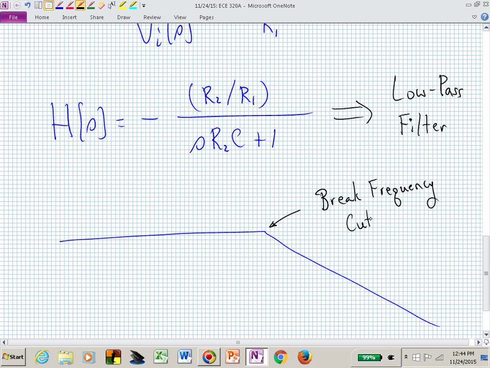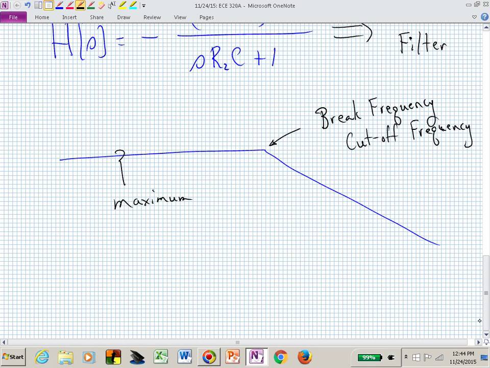Or you might hear it called the cutoff frequency. And what is this? That shouldn't be lower at the low end. I hope you realize that's just a typographical error of the drawer. This is our maximum value in that frequency response.